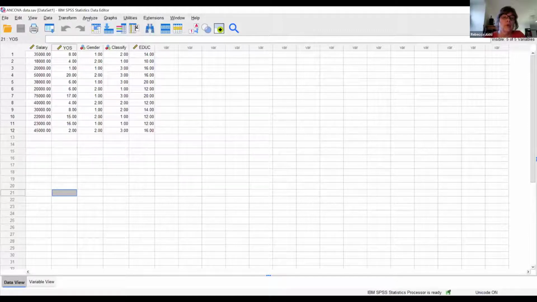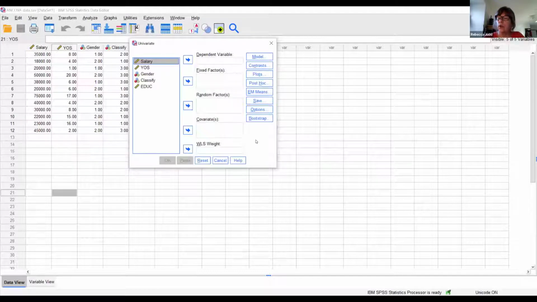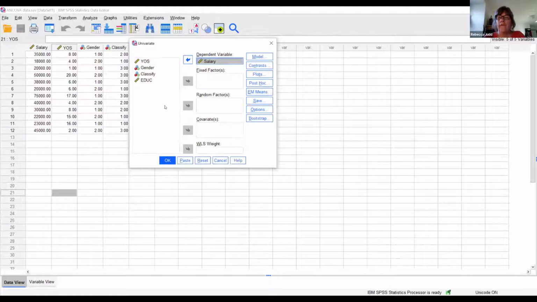So when we run our ANCOVA, we're going to do Analyze, General Linear Model, Univariate. Our salary is going to be our dependent variable. Our fixed factor is going to be our gender.